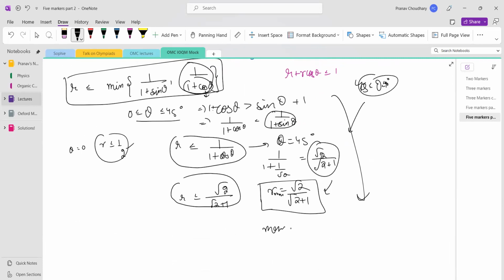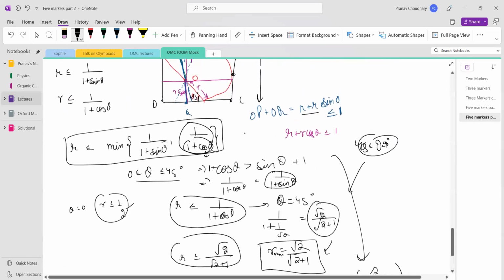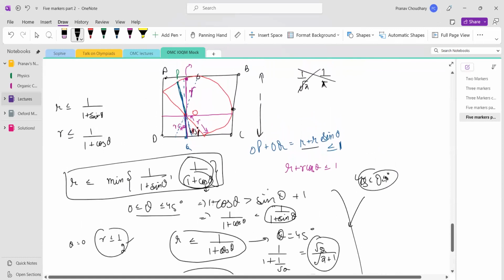So max area would be pi R squared, which is pi times (3 minus 2 root 2) over 1. And since we scale the side by 1 by root pi, the area gets scaled by 1 by pi.